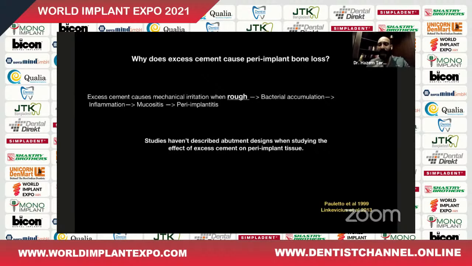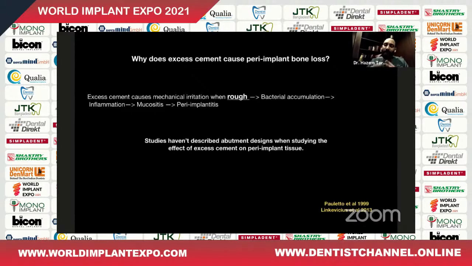According to Pauletto and Lingvicius, the excess cement caused mechanical irritation because it's rough, caused bacterial accumulation and inflammation, and then this will lead to peri-implantitis. But studies haven't described how abutment designs affect the excess cement on the peri-implant tissue.